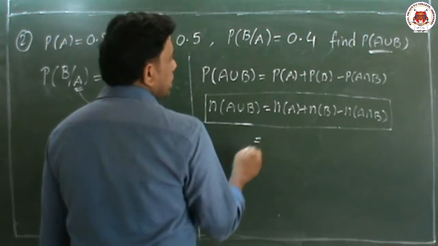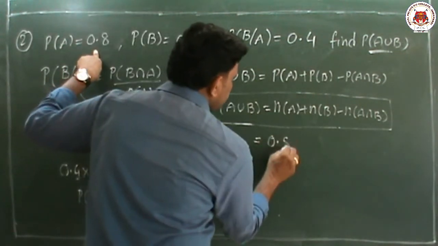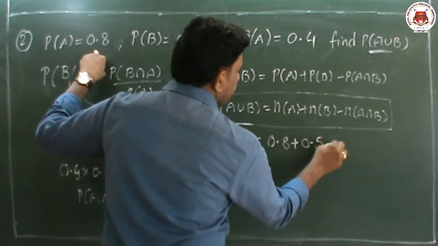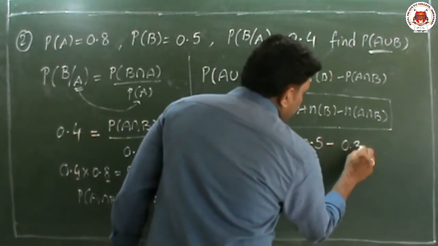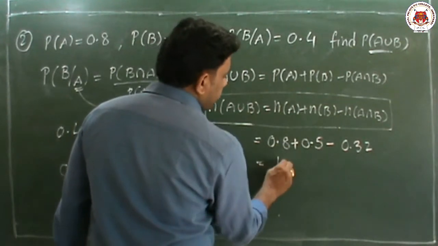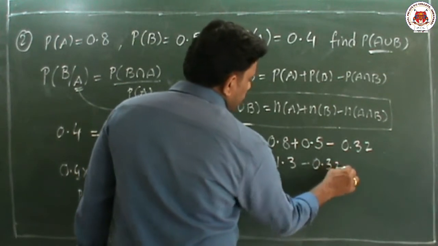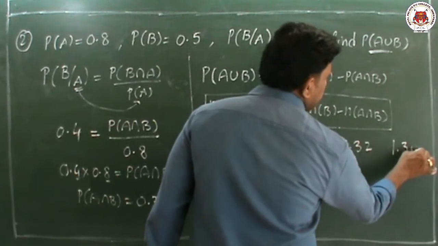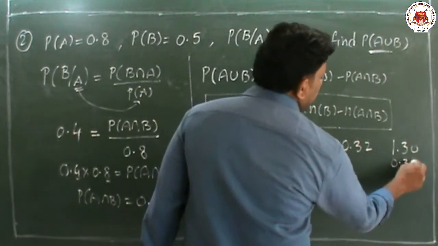If we substitute these values, P of A 0.8 and P of B is 0.5, minus P of A intersection B, the value is 0.32. If we add 8 plus 5 it is 13, means 1.3, minus 0.32. Listen how to do this one. 1.3 means 1.30, 0.32 means 0.32.